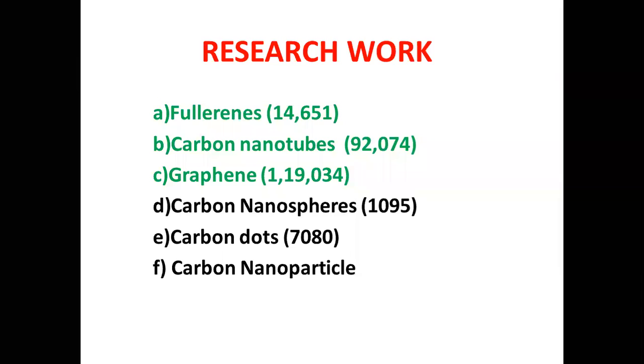Within carbon, if you see the research output in the form of publications, fullerenes have around 14,651, carbon nanotubes 92,000, and graphene 1,19,034. This is the output up to now that research people have reported.